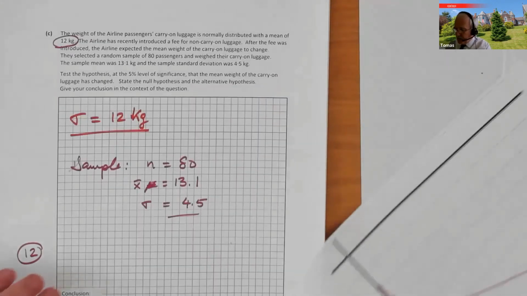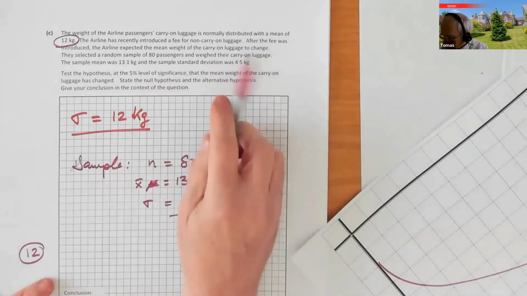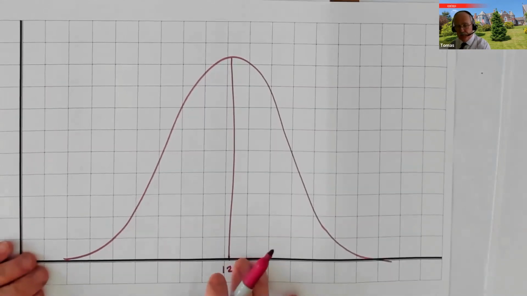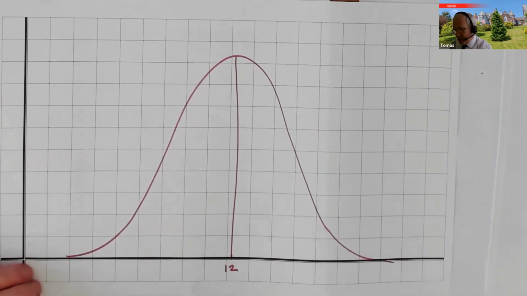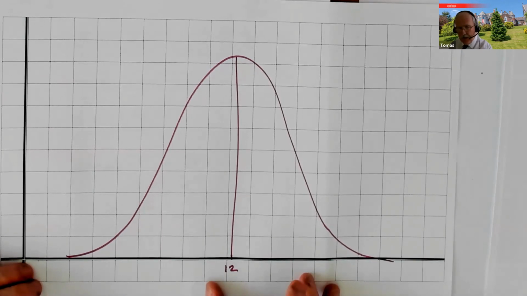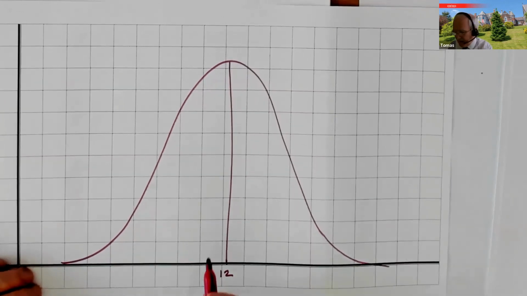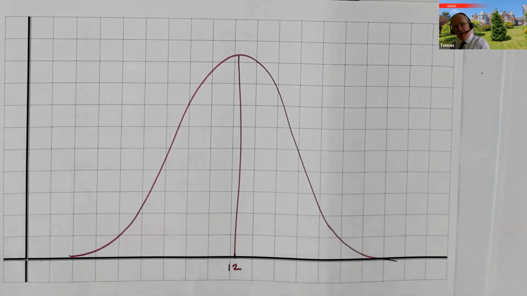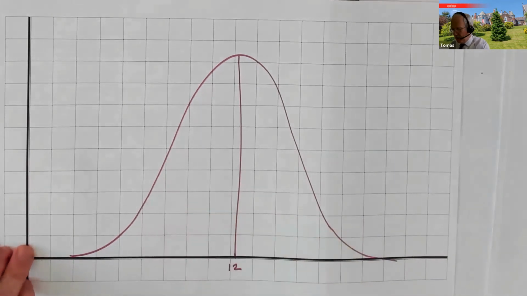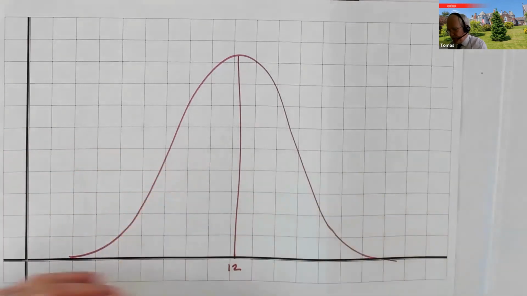If you ask individuals what the weights of their luggage are, it's going to go all over the place. But if you get 4 people, 10 people, 20 people in a sample, the more and more you get in a sample, the more some of the heavy weights will compensate with the lower weights, and you'll get an averaging.